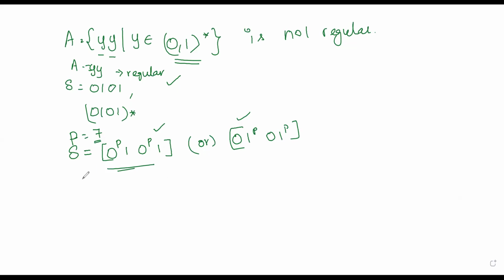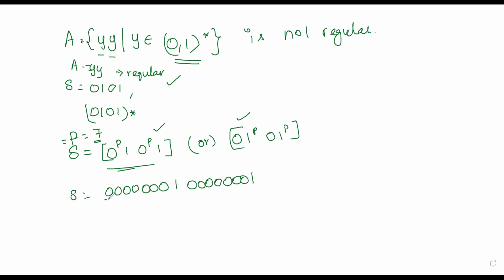Now I'll generate the string by the value of pumping length. The string will be 0 0 0 0 0 0 0 and 1, that is 7 zeros and 1, because 0 power 7 is 7 zeros, then 1, and 0 power 7, 7 zeros and 1. Now I have generated the string. Now my aim is to divide it into x, y and z.